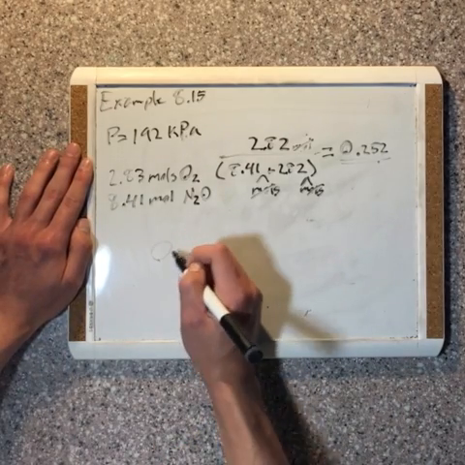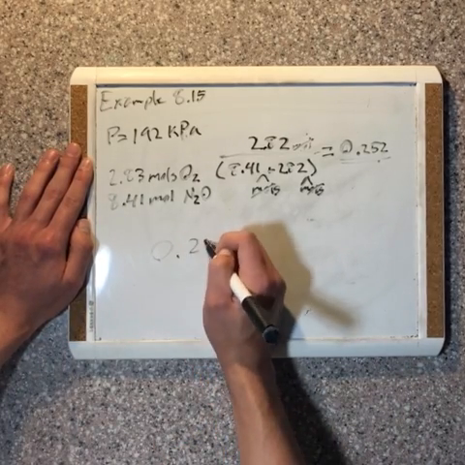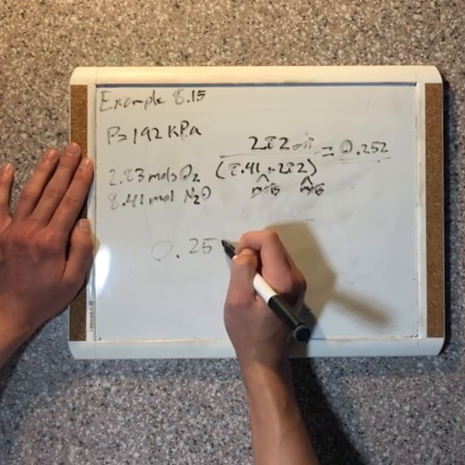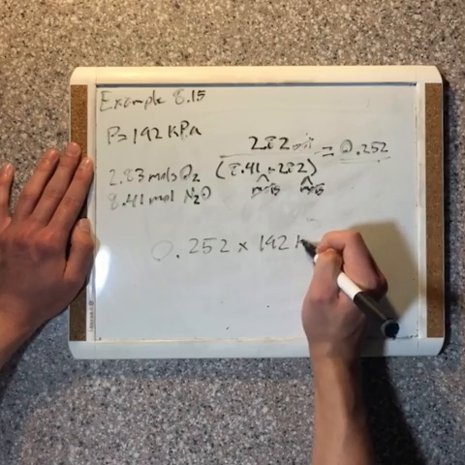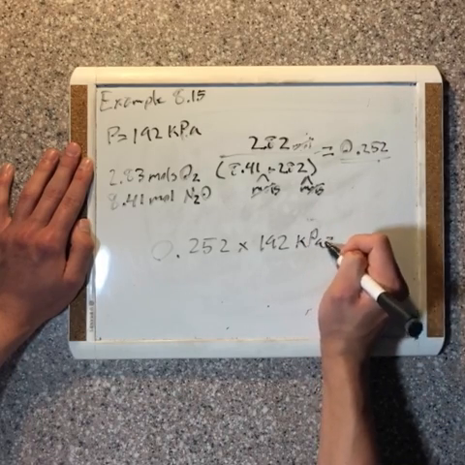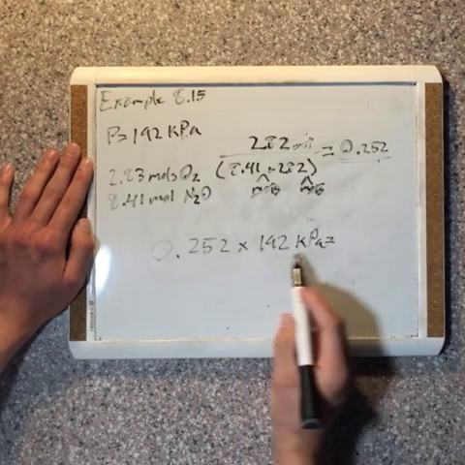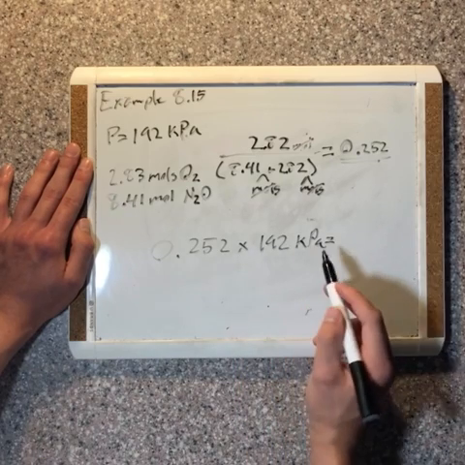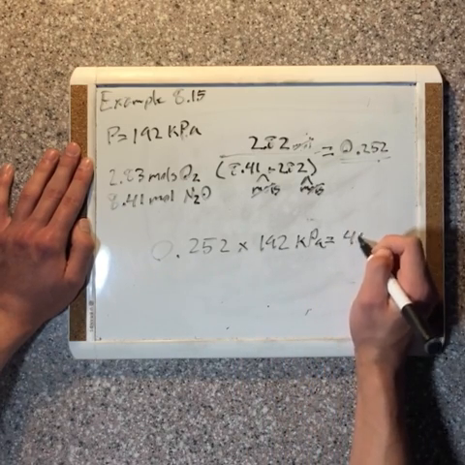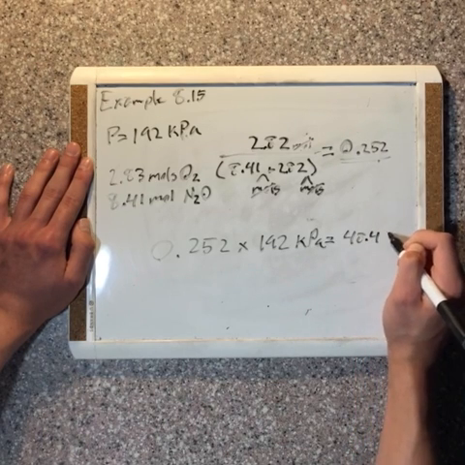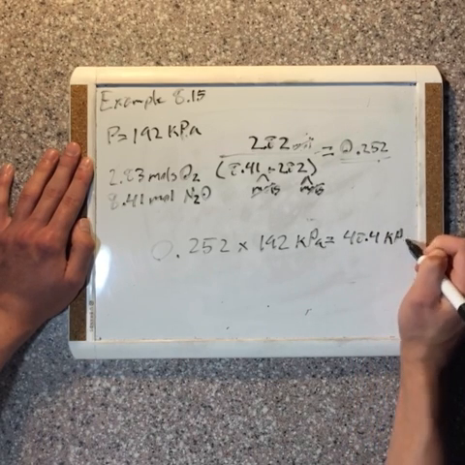So if we multiply 0.252 times 192 kPa, we get the amount of pressure, or the partial pressure, of the oxygen gas. And that comes out to 48.4 kilopascals.